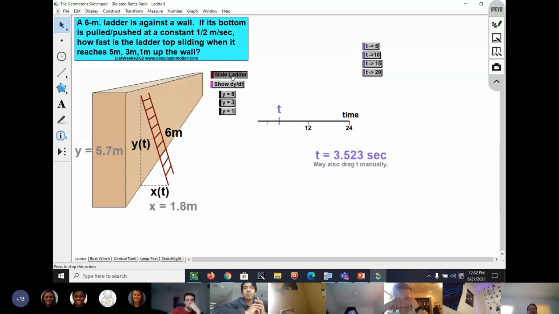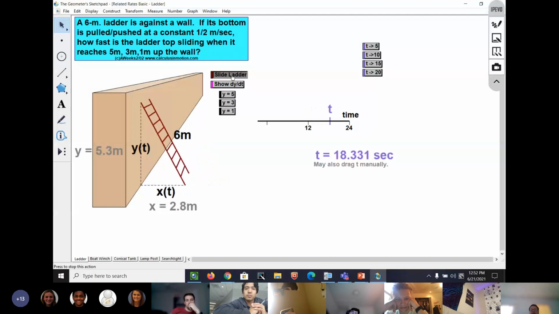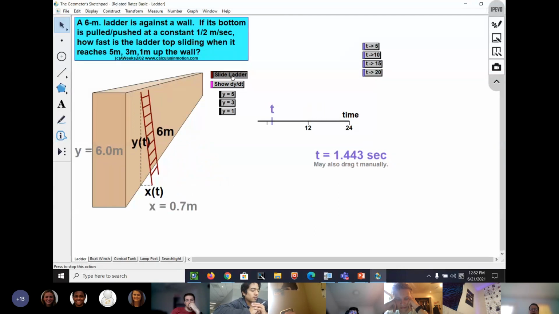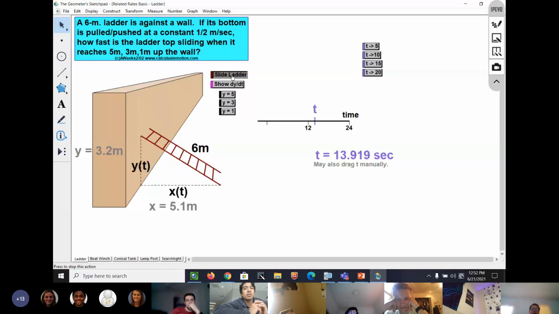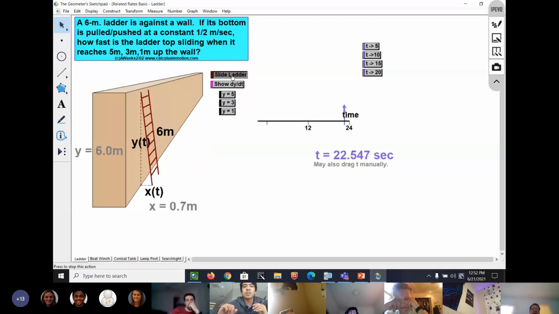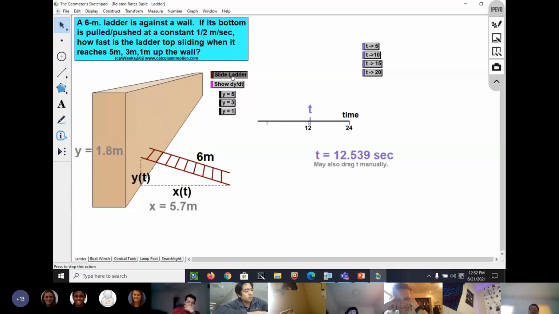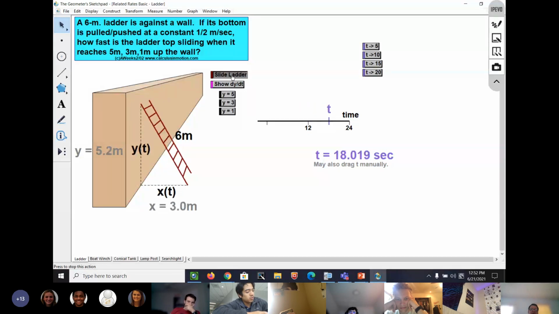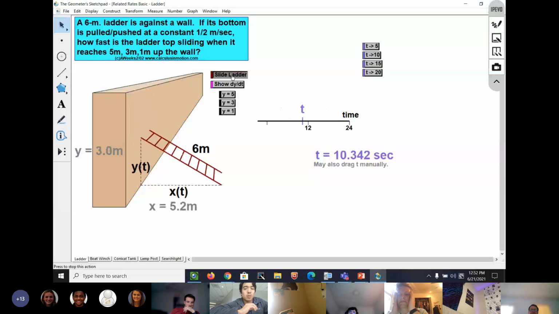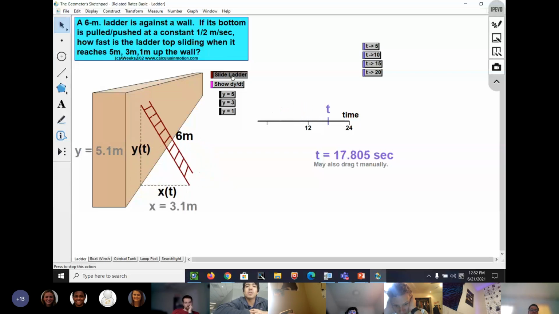Because you've got to think about what a related rate is. As that ladder leaves the wall, what's it doing? It's traveling down the wall. That's called a related rate. As X increases, Y decreases. As Y increases, X what? Decreases. That's called a related rate.